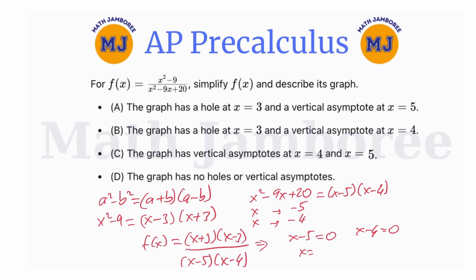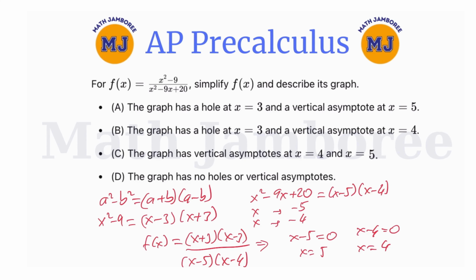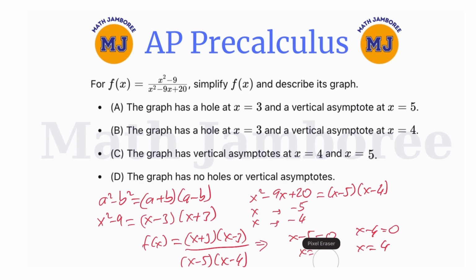So x is 5 and x is 4. So we have the vertical asymptotes at x equals 4 and x equals 5. Let me rewrite this 5. So this function again has no holes, as there were no common factors to cancel out.